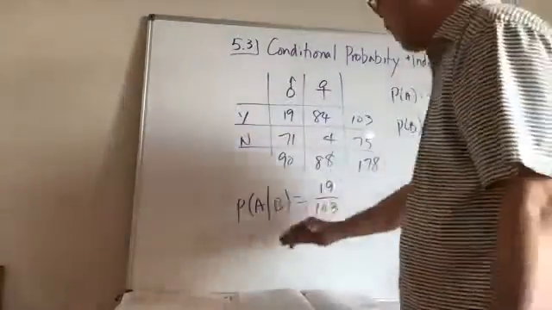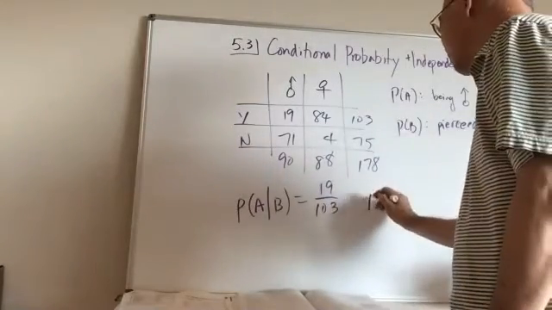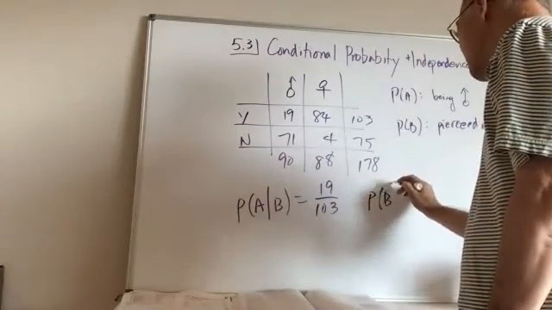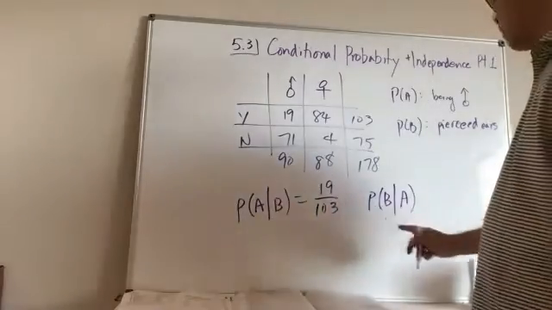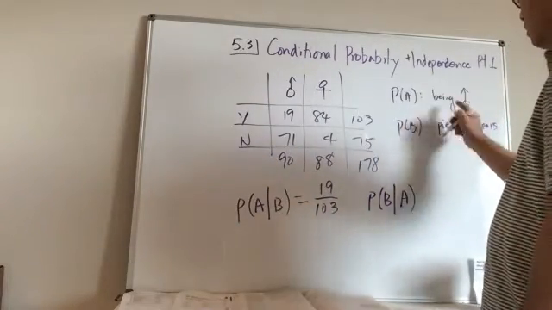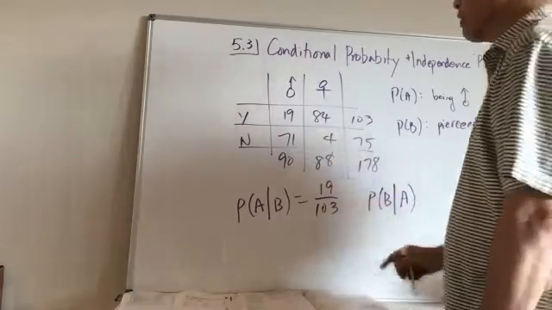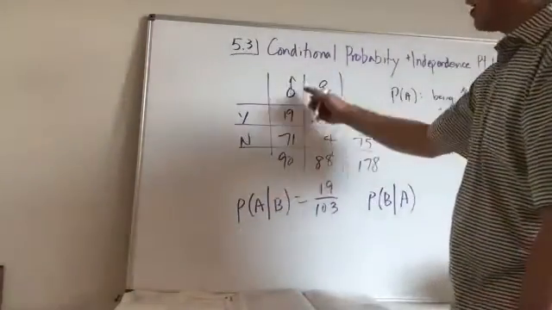So let's go ahead and see what happens if I flip this around. The probability of B given A. So what is the probability given that I am a male that I have pierced ears? Given that I'm a male, it would be this column here.